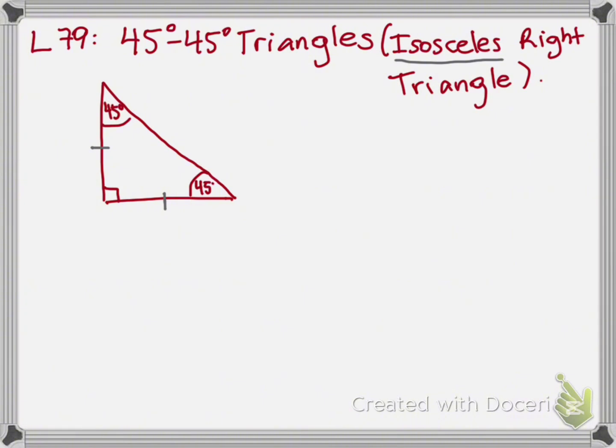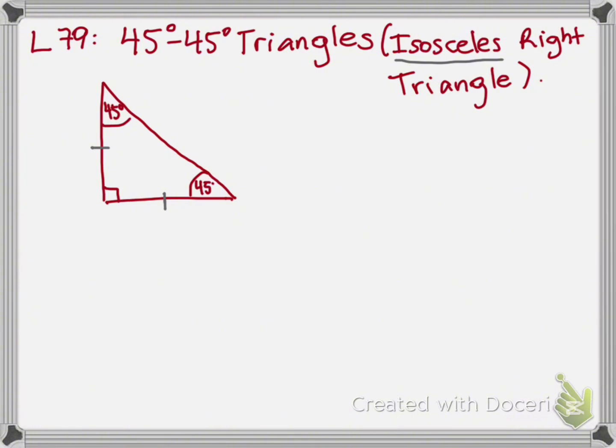Now notice that we have the 90-degree angle, that's our right triangle, and then the 45-45 that add up to 180 total. Now, as you remember from the other triangles, the 30-60, these special triangles have the same characteristics always.